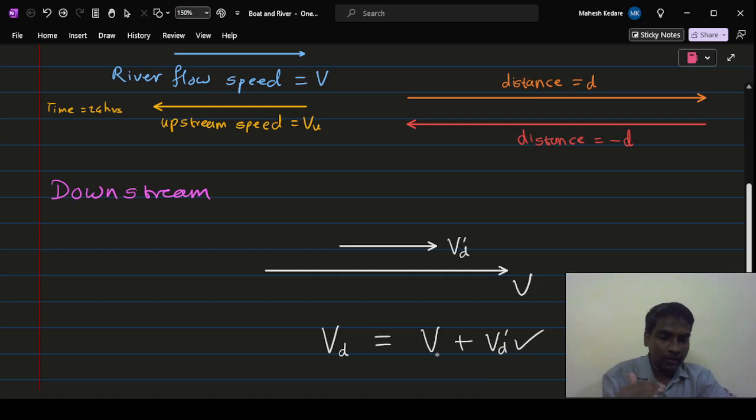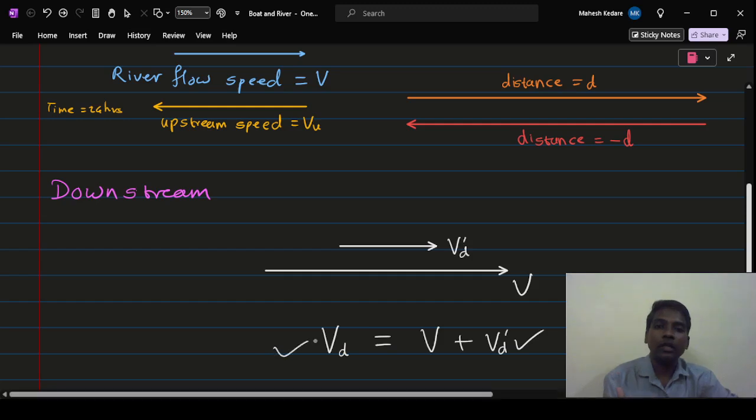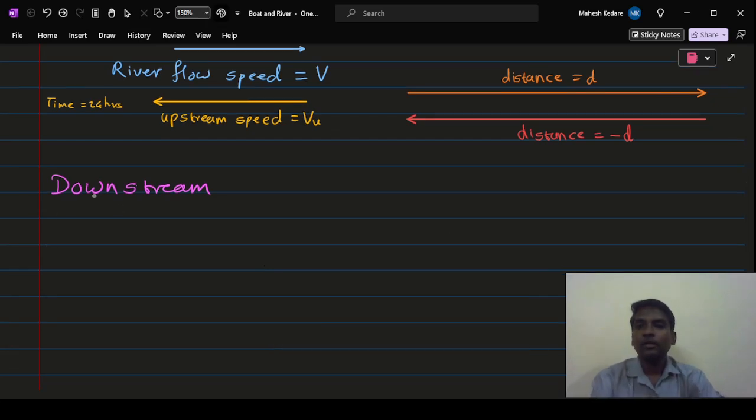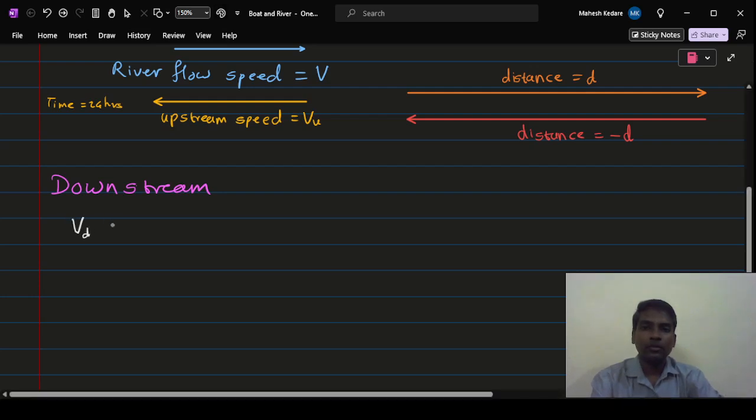So speed of river plus speed of boat relative to river will give us the total speed of boat as seen from ground. So we write speed of boat when it is traveling downstream relative to ground is equal to river flow speed plus speed of boat relative to river.